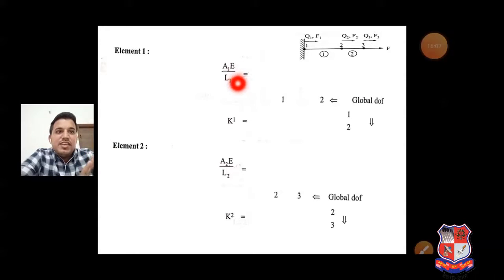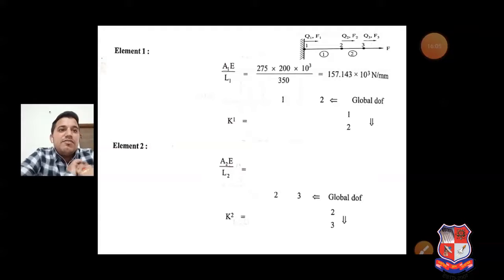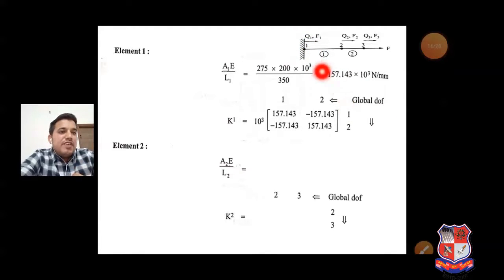So we put the values into AE over L, and we get 157.143 × 10³ N/mm. For K1, the element goes from 1 to 2, so when we find the global stiffness matrix we put the components 1-1, 1-2, 2-1 and 2-2.